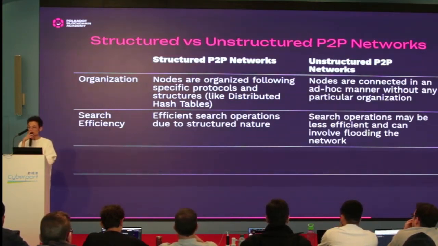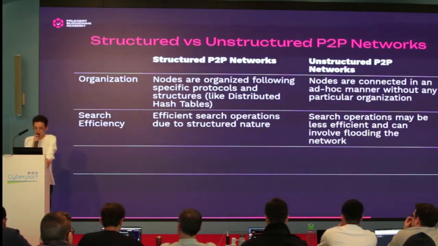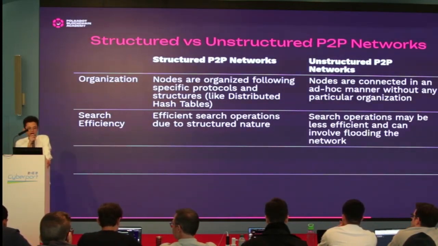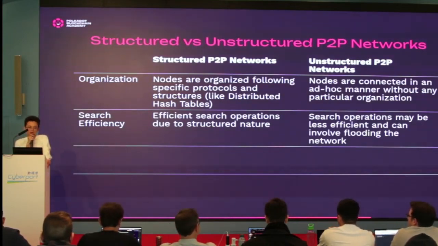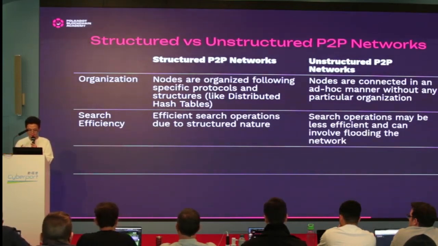For example, the distributed hash table is a way to locate the data owned by each node. If the peer-to-peer network maintains a distributed hash table, every node will be able to locate which nodes have which data, so the search efficiency will be higher.